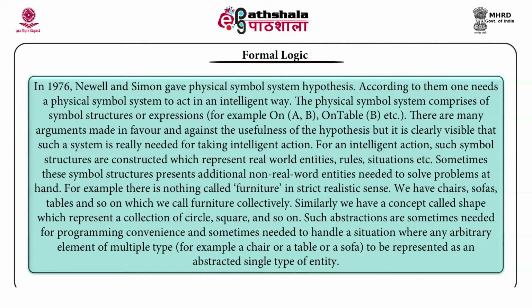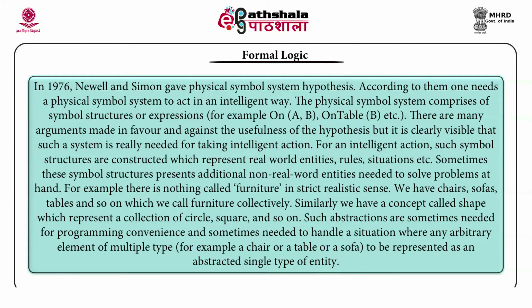The hypothesis says that a physical symbol system is a collection of symbolic structures, like those we have already seen in the missionary cannibal problem and the farmer fox chicken grain problem. We did not name it so in that module, but it is basically a symbol structure. Such a symbol structure is called a physical symbol system. It is capable of intelligent action. That is what they said, and we have already done that: we could find solutions to farmer fox chicken grain and all those problems using those symbol structures.